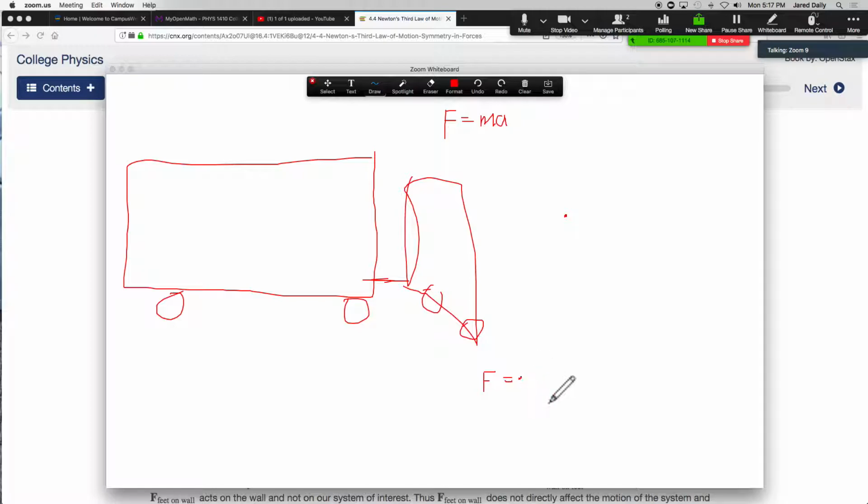Itty bitty mass. What's the truck's mass? Big, huge mass. If these are going to have a mass and acceleration on both sides, what has to happen to the acceleration for them both to equal this little force? If you have a huge mass and you're going to multiply it by something to get a small number, what do you have to multiply it by?